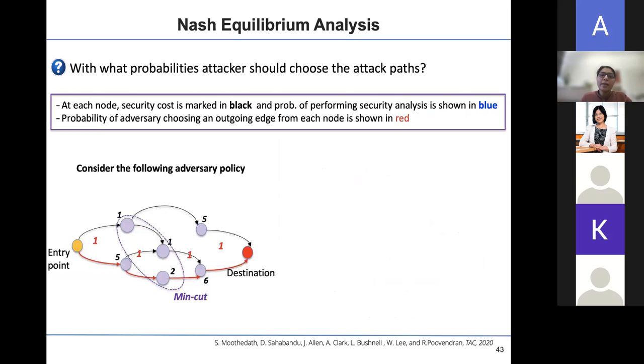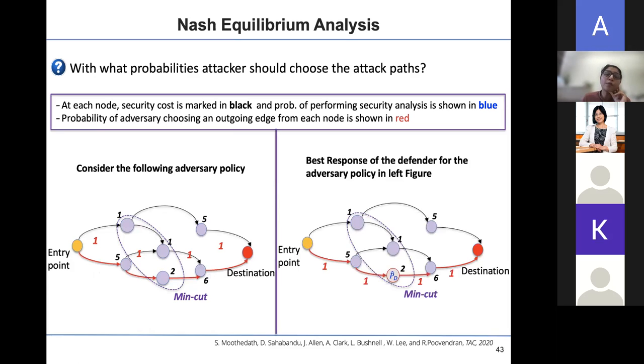Likewise, for the adversary, we ask this question: with what probabilities should the attacker choose the attack path? For example, let's say an attacker chooses just this one path shown in red with probability 1, so it is always selecting this one path.